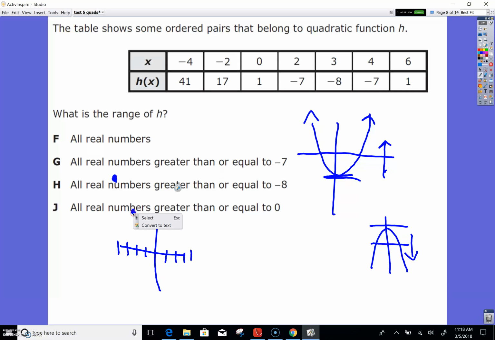It goes down here. 0 is 1. So we go there. 2 is negative 7. So it's down there. And 3 is negative 8. So it's right there. And see, it goes back up again. So my graph is doing something like this. So my bottom number is negative 8. So it should be all real numbers greater than or equal to negative 8. You just have to look at your table and see what your graph is doing.